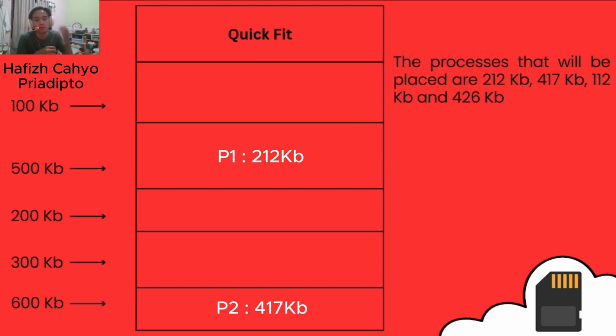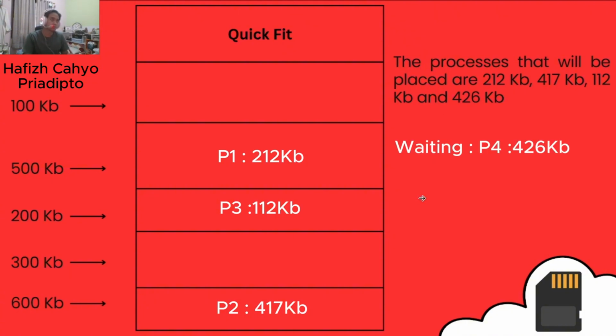They just go on like this. The second process will enter the last block or column, the third process will enter the third column, and the fourth process will enter the waiting list.